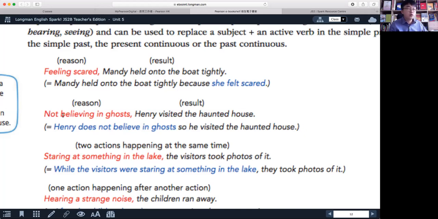So therefore, we put not first, and then verb plus ing, believing, and then the rest of the sentence: not believing in ghosts, comma, Henry visited the haunted house. Okay, so this is how we change this sentence to this sentence.